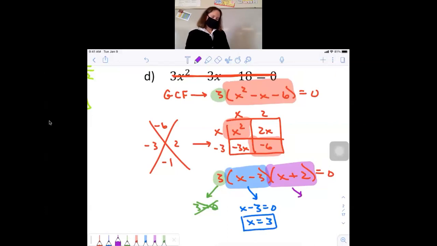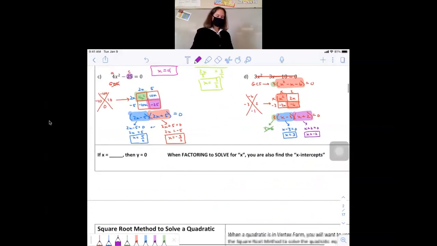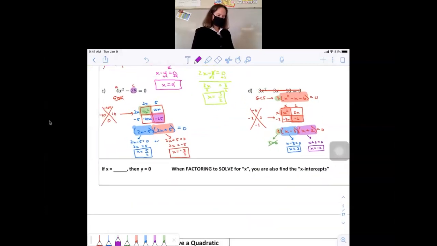In order for that to be 0, x would have to be 3. Or x plus 2 has to be 0 for the whole thing to be 0, and that would be x is -2. So those would be your 2 solutions. Any questions on those?